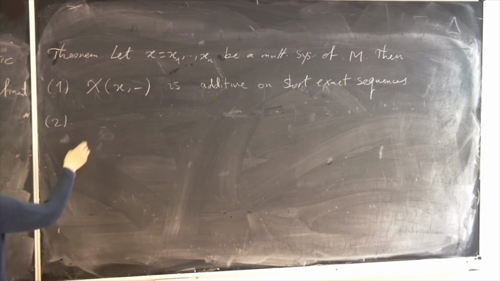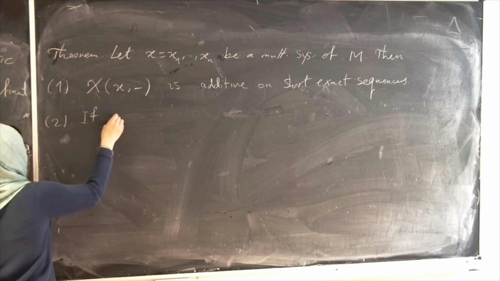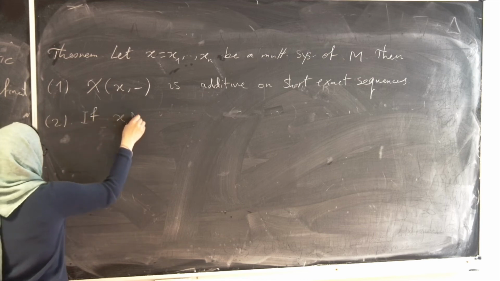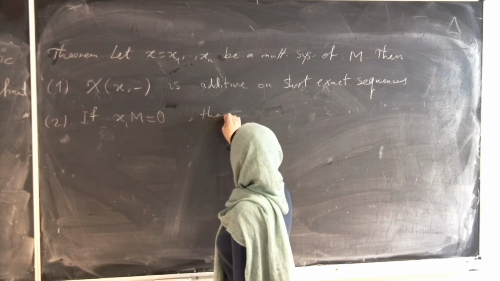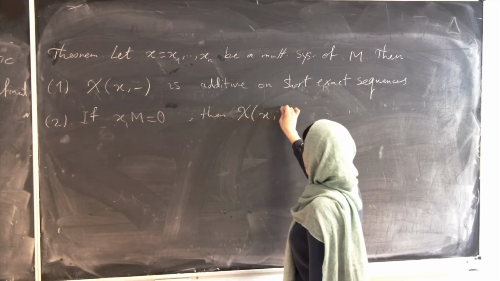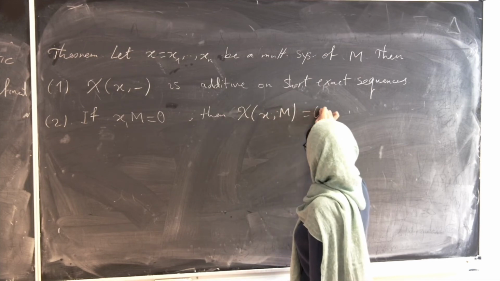Secondly, if x1 annihilates our module, then chi(x; M) is 0.